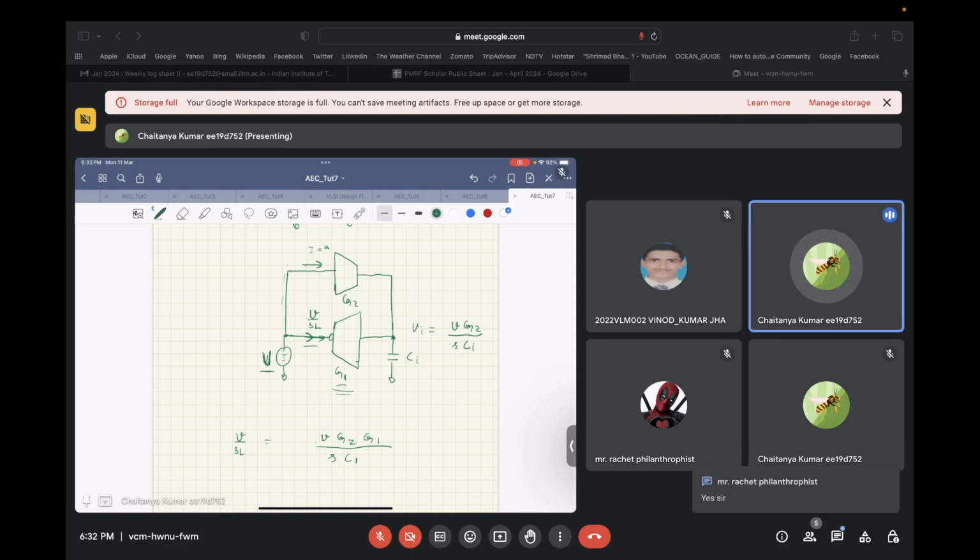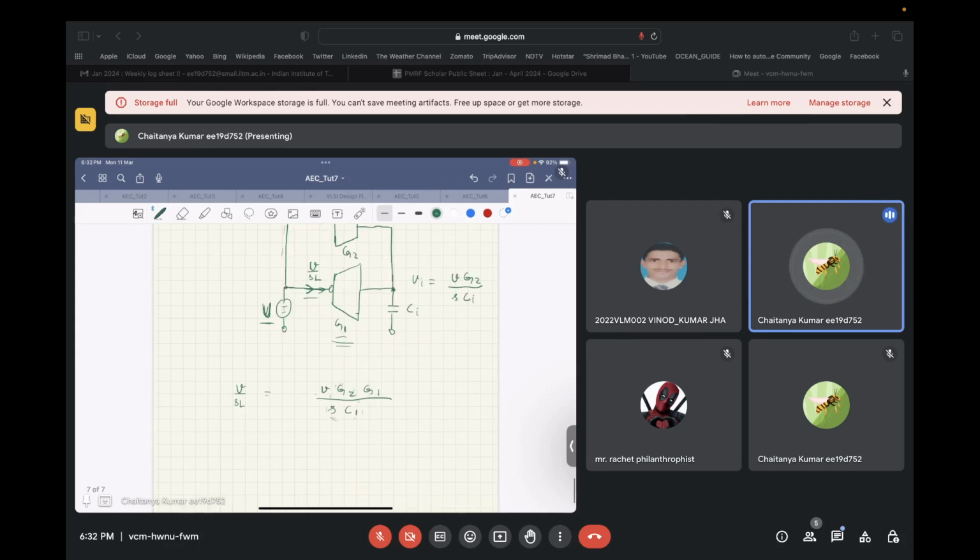Okay, so let's quickly see whether this is dimensionally correct. SC1 by G will be a dimensionless quantity, in radian per second. And this is basically admittance, and this is also admittance. So yes, this is a dimensionally correct formula.